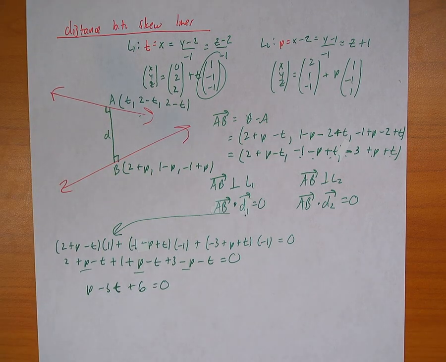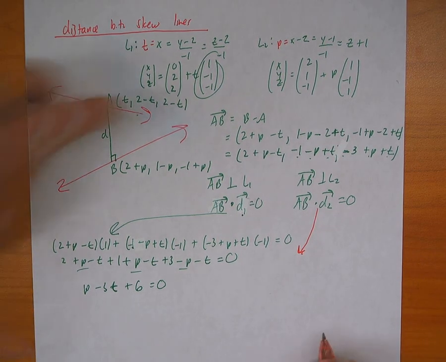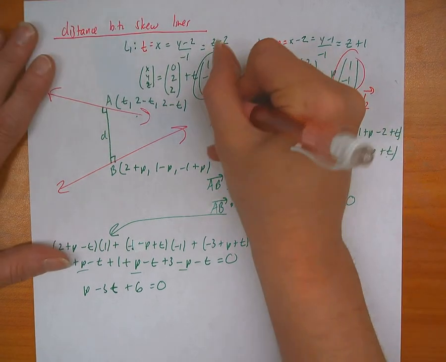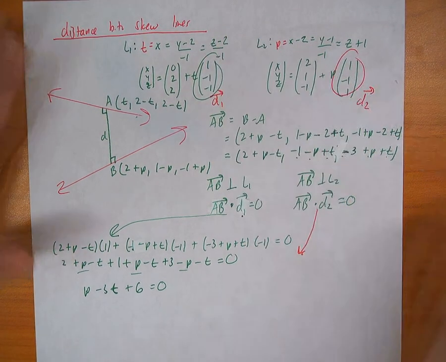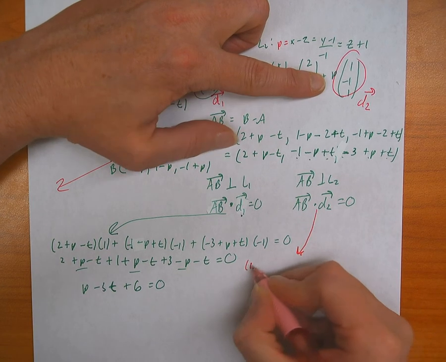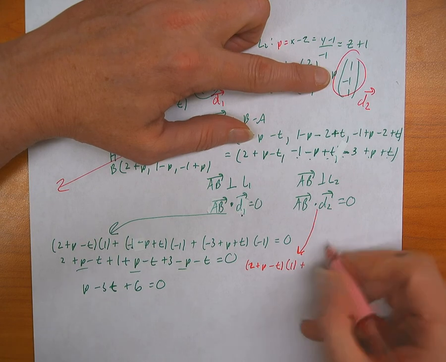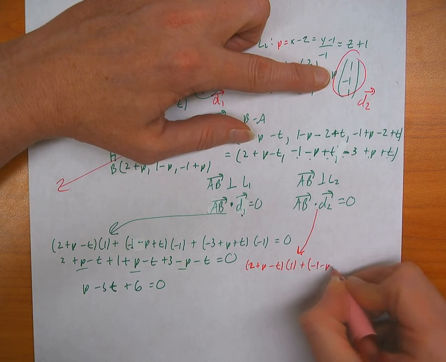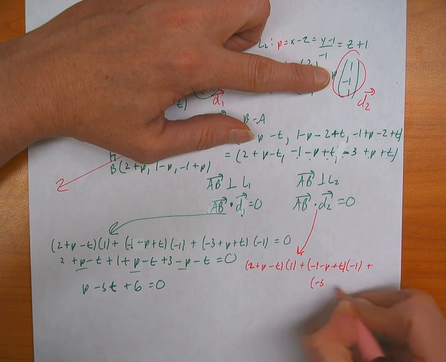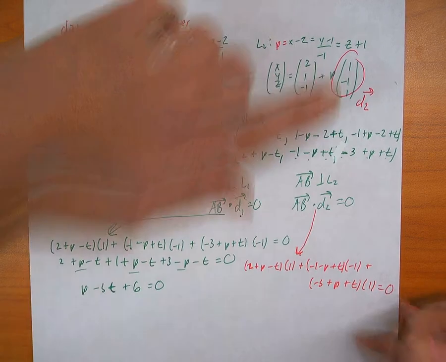Now I want to do the same thing with AB dotted with D2. So here's my D2 vector. Here was my D1 vector. Okay, so same deal. I'll do 2 plus p minus t times 1 plus negative 1 minus p plus t times negative 1 plus negative 3 plus p plus t times 1, and that should equal 0.